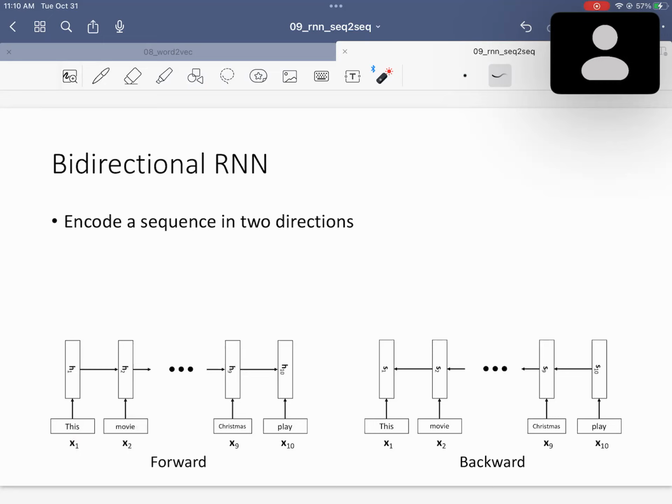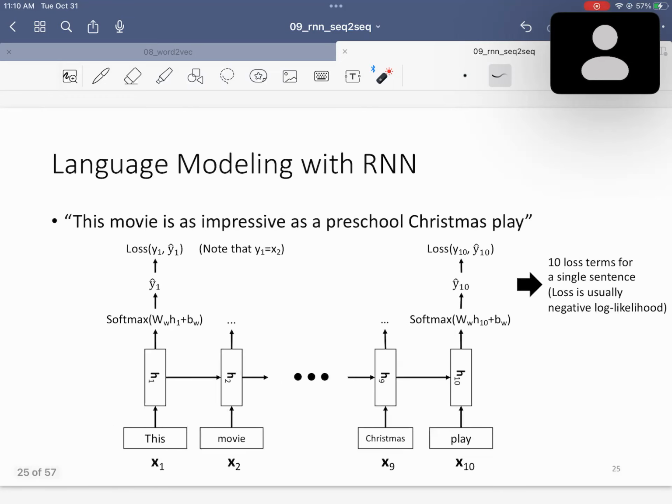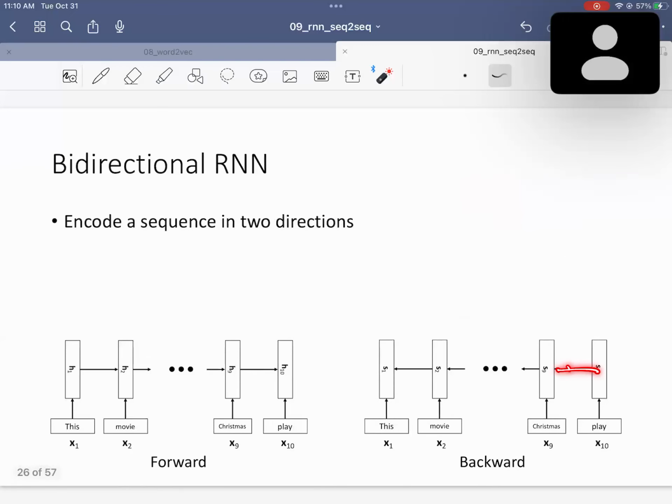So what people thought is maybe we should have another RNN that goes backward in time. Backward in time meaning you start from "play": you input play first, and then Christmas, preschool, as, impressive. So in this case, S10 will be the one that receives the last word in the first place, and S1 will be the one that receives the first word in the last place.